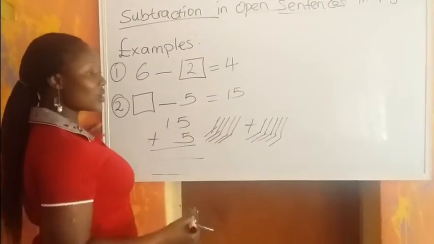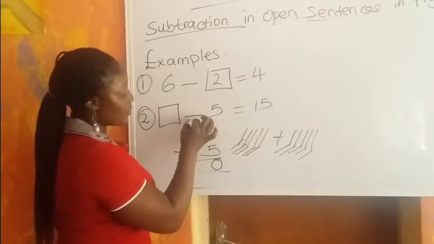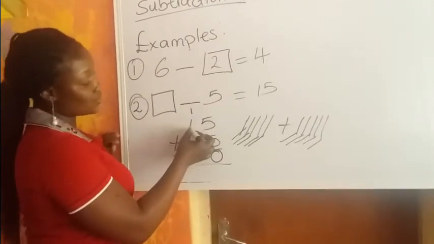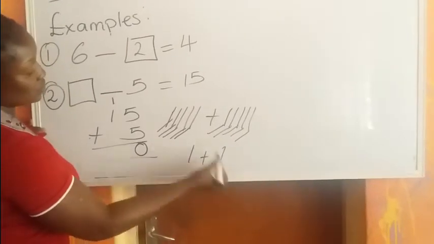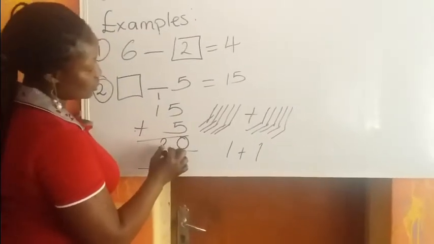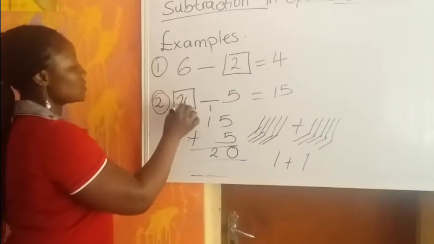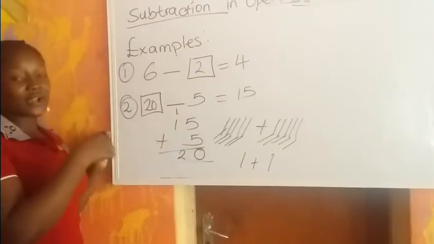You write the smaller number, which is 0. You write down your 0 and carry 1. Then you add these two. 1 plus 1 is 2. Your answer is 20. So 20 minus 5 is 15.